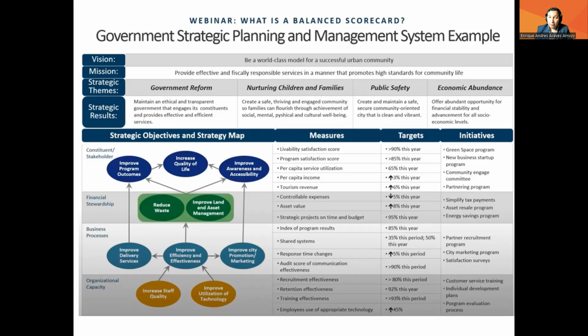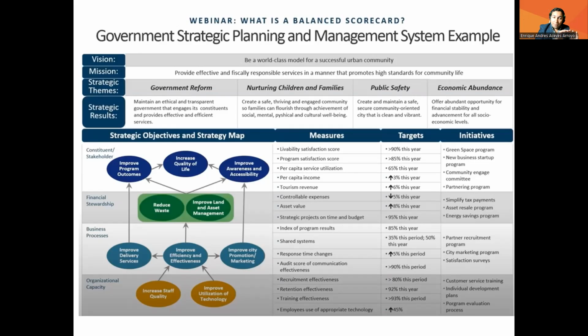what the owners consider to be the key things to do in order to achieve what they want. So in here we have sections like strategic objectives and a strategy map, where you have who the stakeholders are, what the measures and the targets to achieve this year are, and what the main initiatives to achieve are.